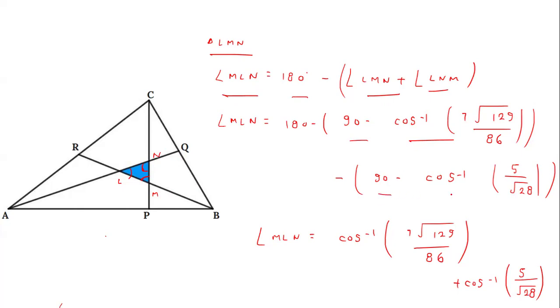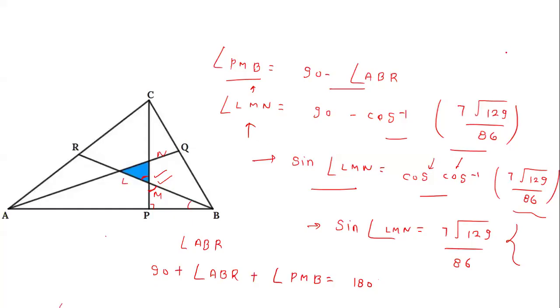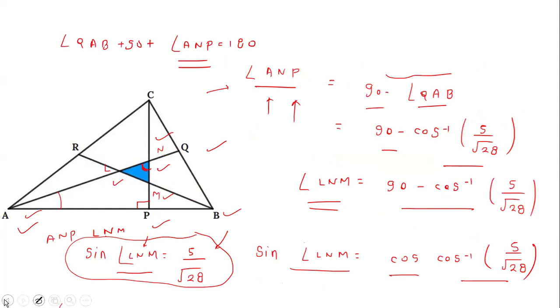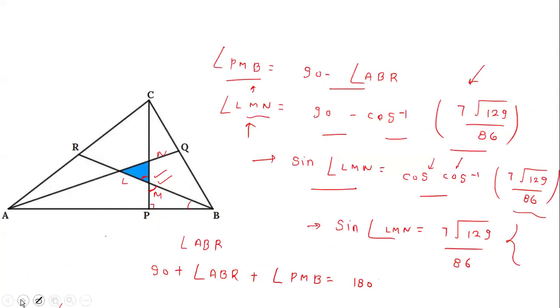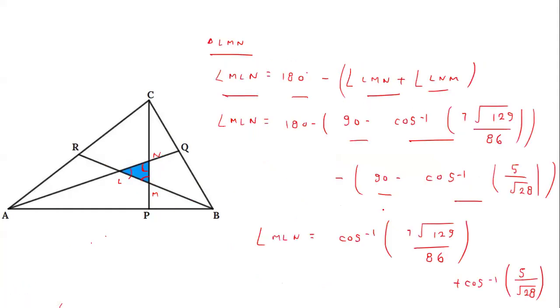And this we also know, the angle LNM is 90 minus cos inverse of this. So just putting it here, this 90, this 90 and this 180 cancel, and this angle MLN will become cos inverse of this plus cos inverse of this.